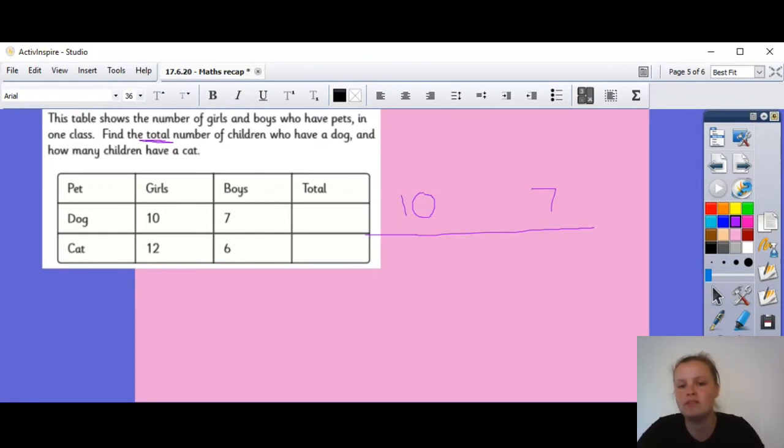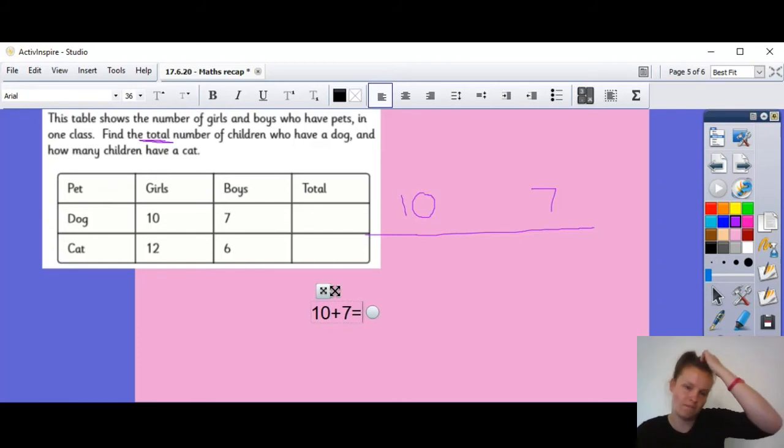Write your number sentence now with 10 and 7. Hopefully you would know that we need to write 10, add 7 equals something, okay?